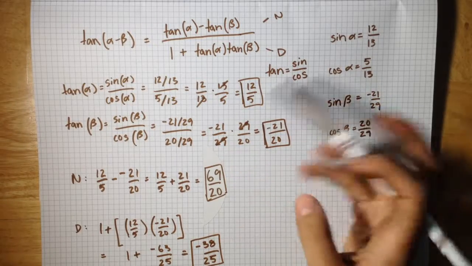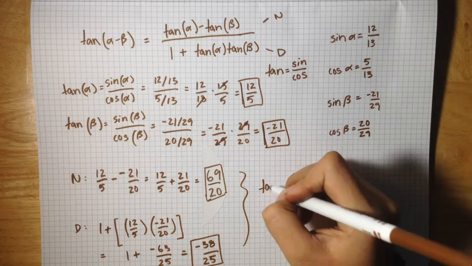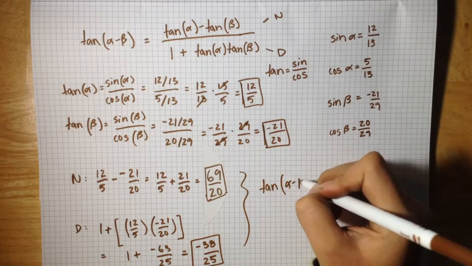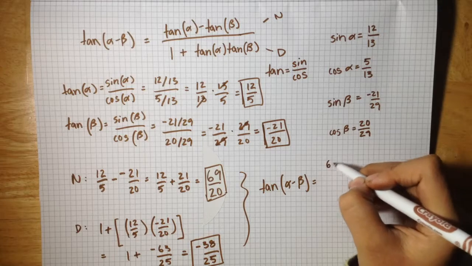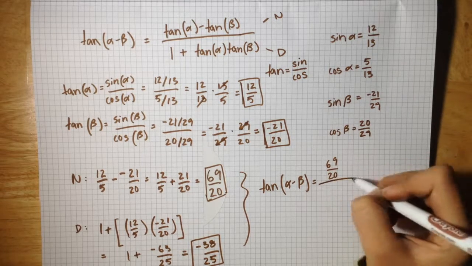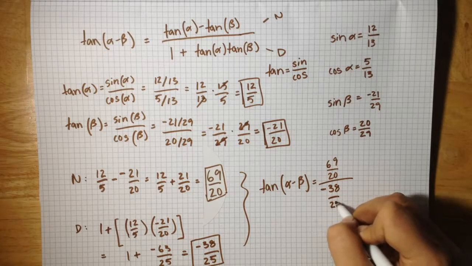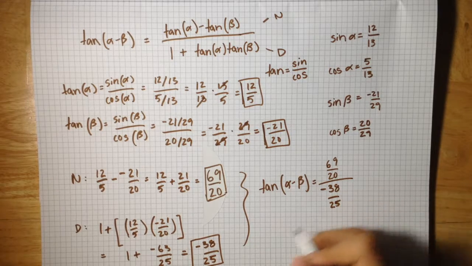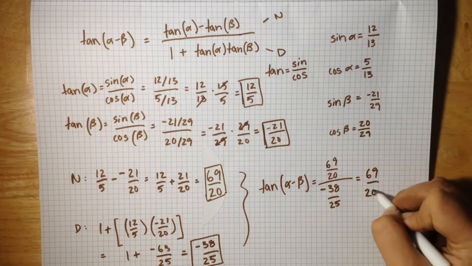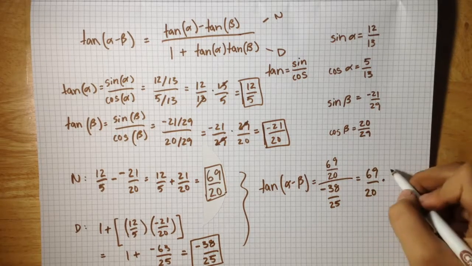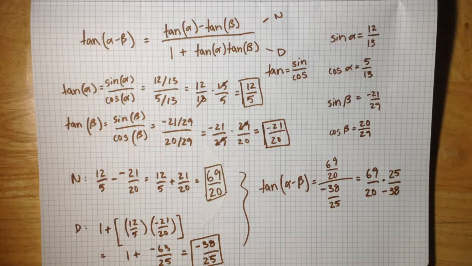Bringing these two back to that equation and plugging these values in, we get tan of alpha minus beta equals the numerator, which is 69 over 20, divided by the denominator, which is negative 38 over 25. You can multiply by its reciprocal, 69 over 20 multiplied by 25 over negative 38.